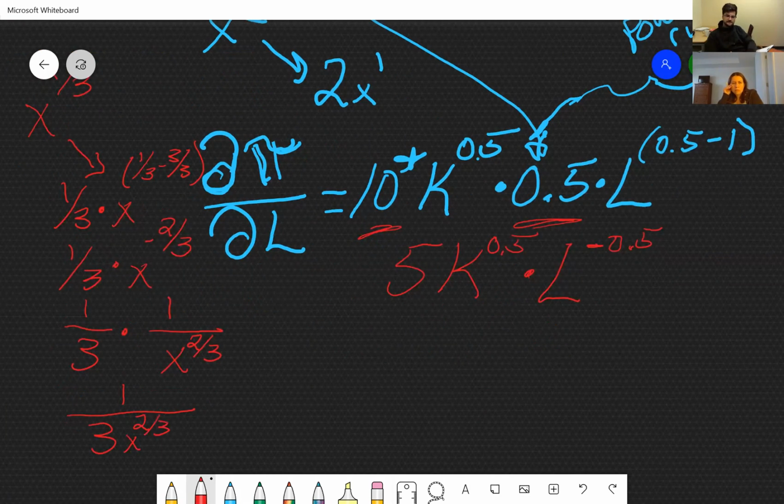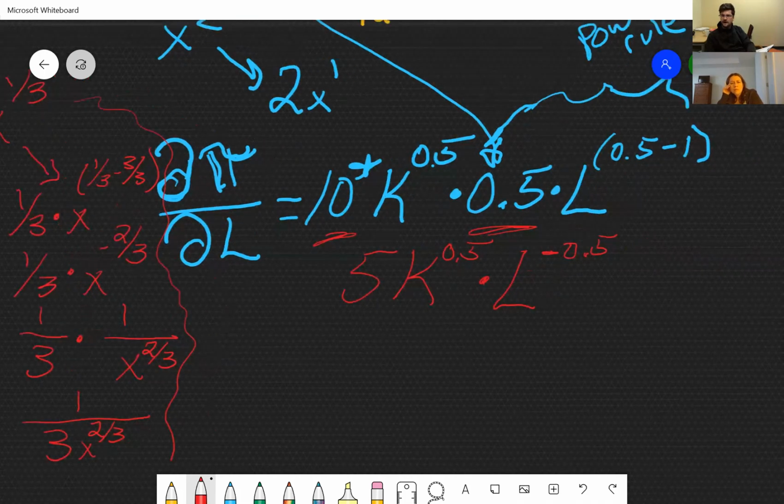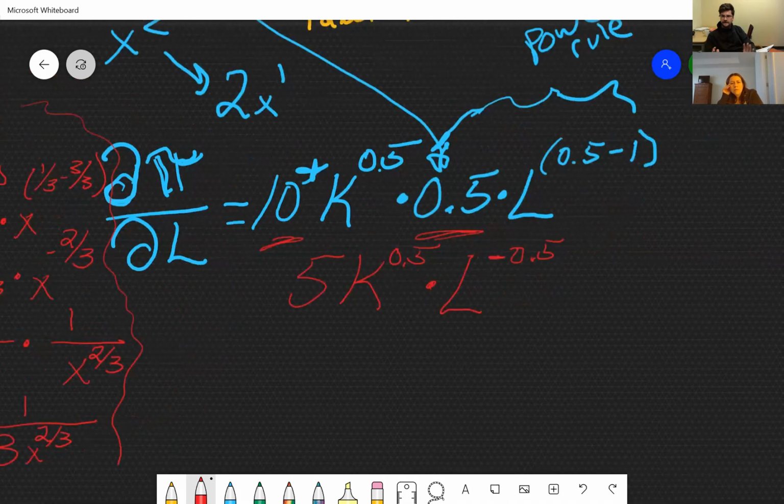So that's a little aside about the power rule when you end up getting a negative number. It ends up being a little wonky, especially with fractions. We're usually not very comfortable with fractions, which is why I think the book tends to stick to the 0.5 thing, because they realize this is already difficult, so they're not trying to complicate it any further.